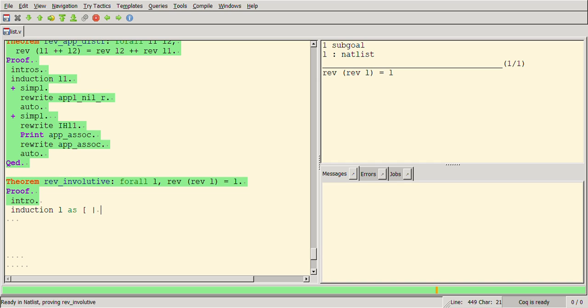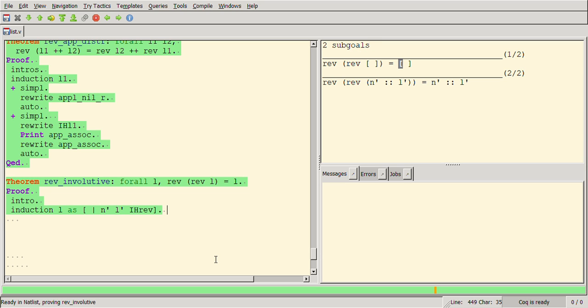The first goal has no new variable or hypothesis. The second goal has a variable, a natural number. Let me call that natural number n prime, and there is a tail. Let me call that tail L prime, and there is an inductive hypothesis. Let me call that inductive hypothesis a reverse hypothesis. So these three variables would be introduced.